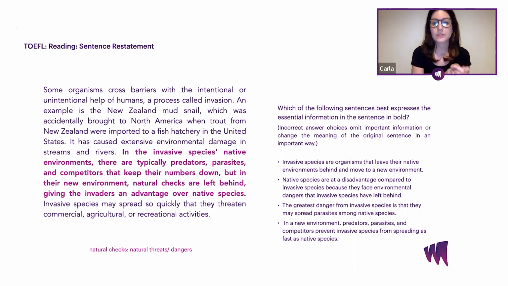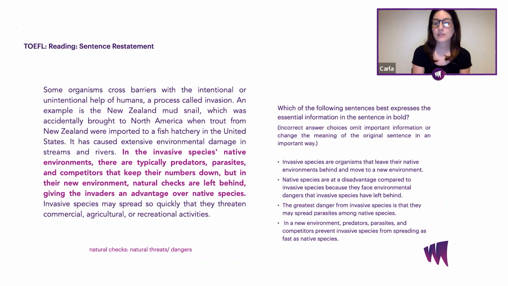So now we're going to look at the options and see which one is closest in meaning without leaving anything out, without changing information, without presenting anything inaccurately, etc. So this first option says invasive species are organisms that leave their native environments behind and move to a new environment.